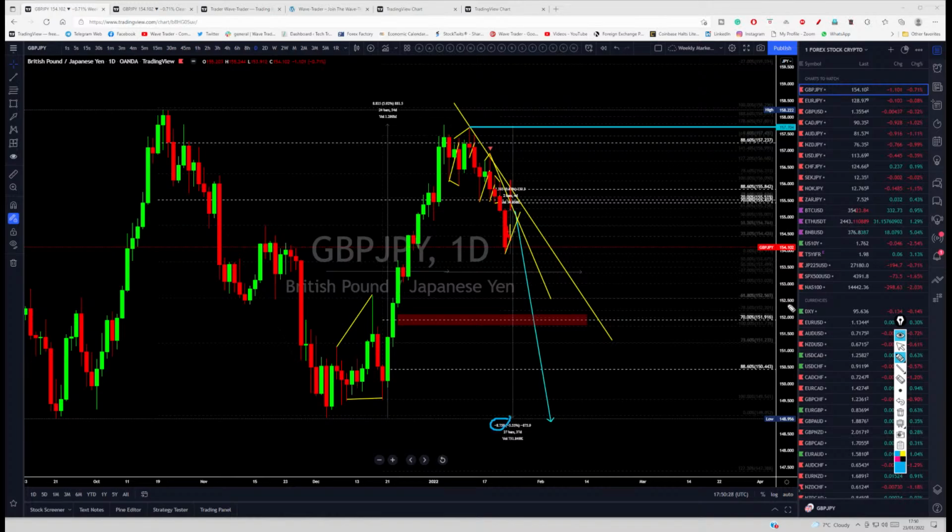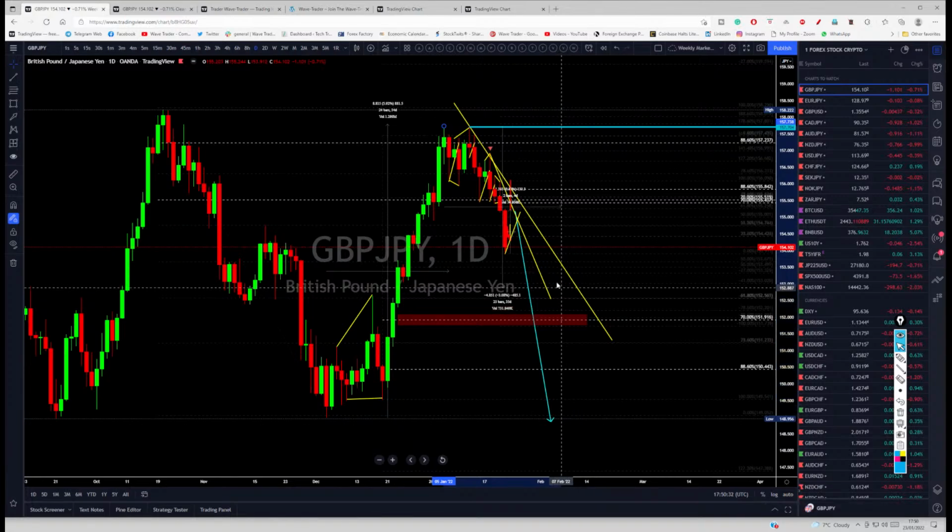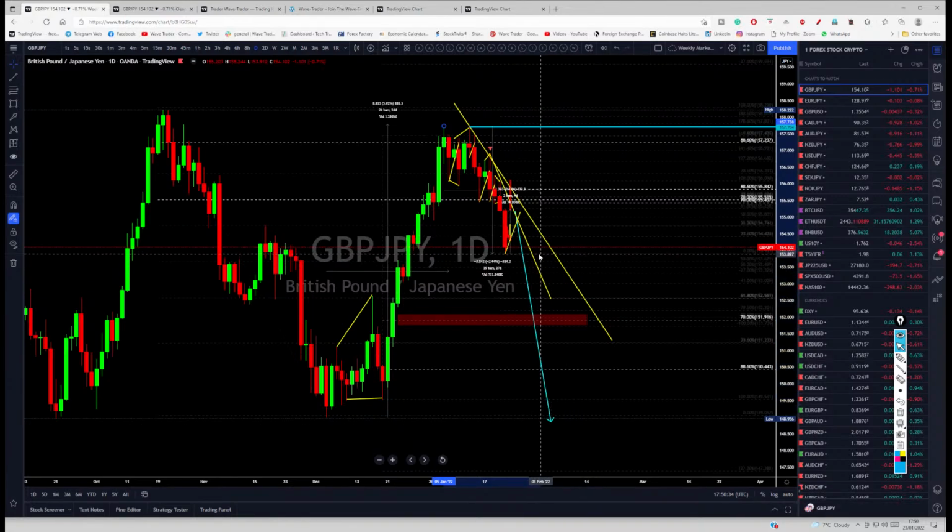Almost 350 pip moves have just appeared over there. So almost 50% of the wave has appeared, but it still has room to run for more downside.